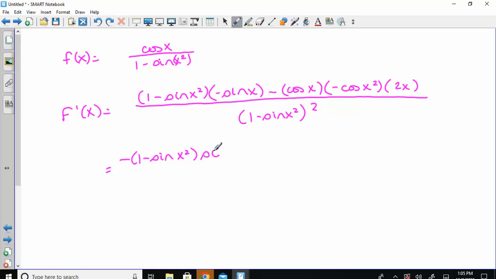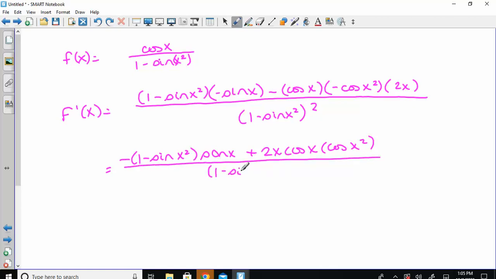I would ask that you pull the negative and the 2x out in front at least. But that's about all we can do there. Make sure you look over and know the derivatives of all of your trig functions.